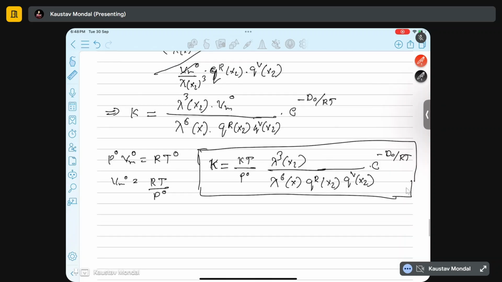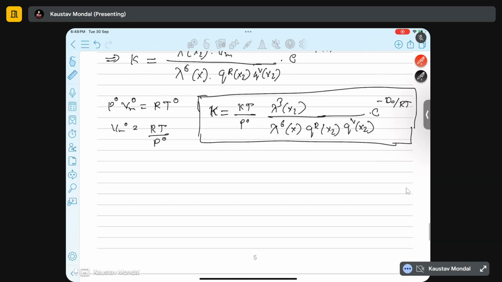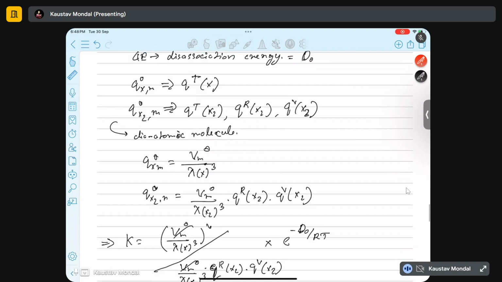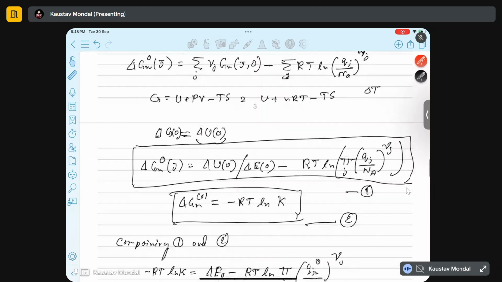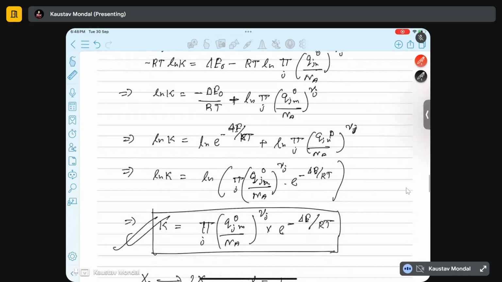So this is the form of the equilibrium constant K that we're getting here, for this kind of equation where dissociation is happening.